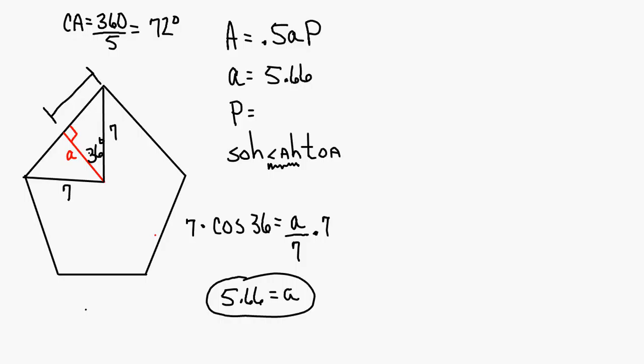If you want to call this leg of this right triangle the letter X, well, now you're going to be dealing with opposite and hypotenuse. So to find this portion of this right triangle, opposite and hypotenuse is sine.